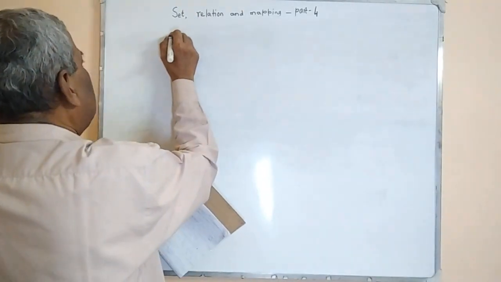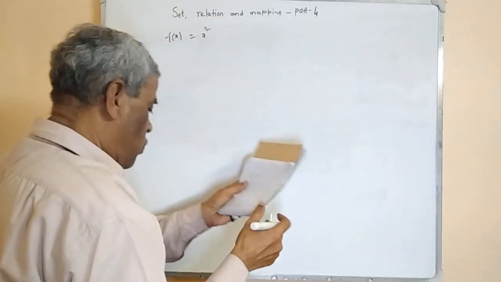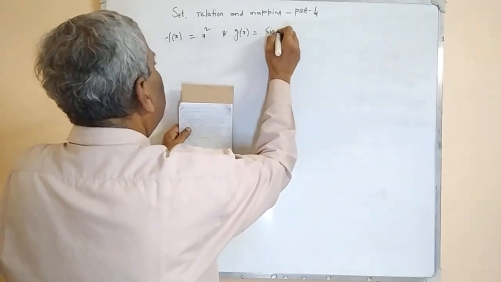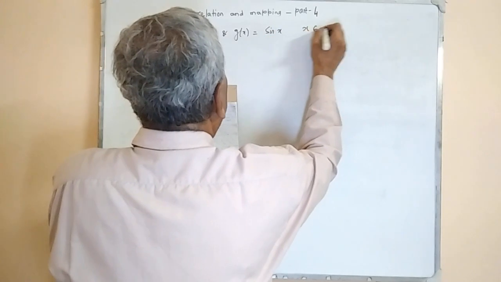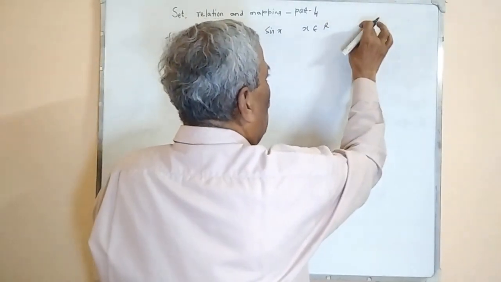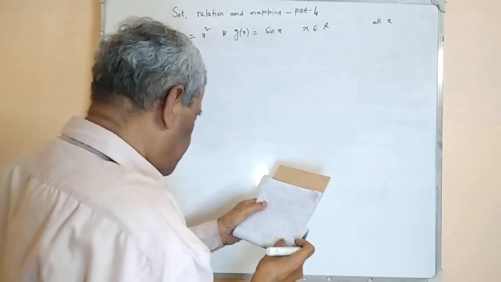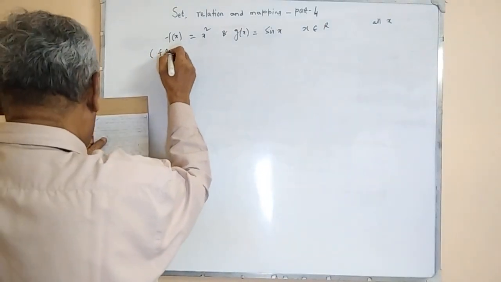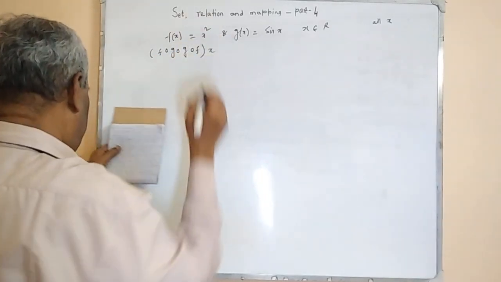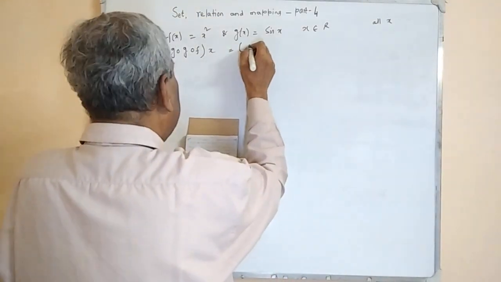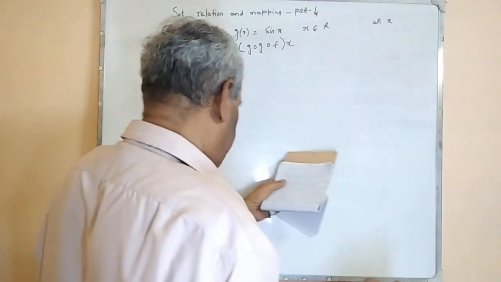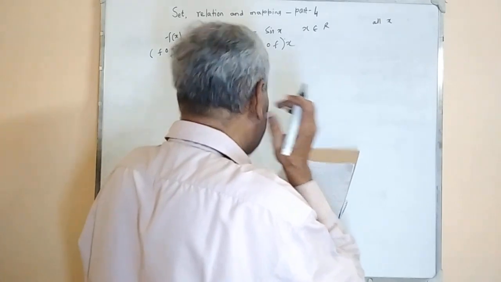If f(x) is equal to x square and g(x) is sin x, x belongs to R, that is x is a real quantity, then the set of all x satisfying f composition g composition g composition f (x) is equal to g composition g composition f (x) is the set of all x.